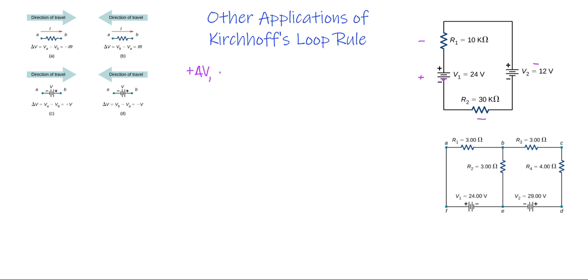Now I have a drop, minus EMF, and instead of delta V, I'll change it to the EMF notation just so I can distinguish between these two. Over here I have said that should be a drop, and I'm going to use EMF notation again. And then here I have another drop of delta V2, and that equals 0.